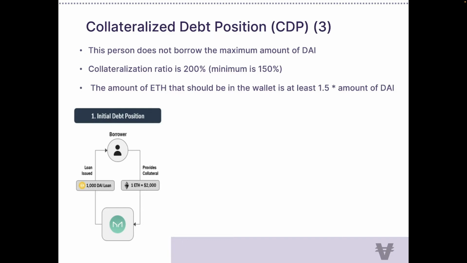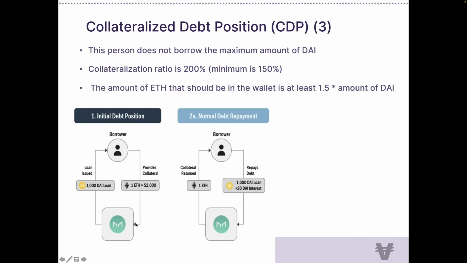So with only 1,000 DAI, that person can do whatever they want, maybe get some yield, some return on their DAI, and then eventually pay back the loan with the interest and get their collateral returned, as we already discussed before.